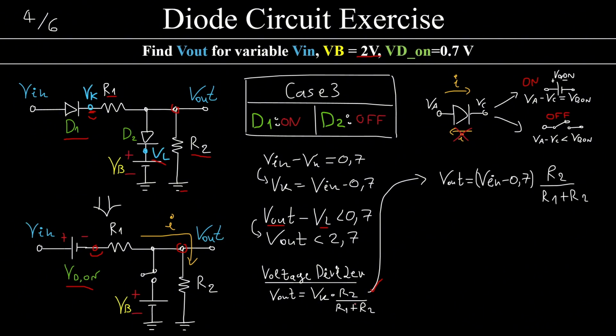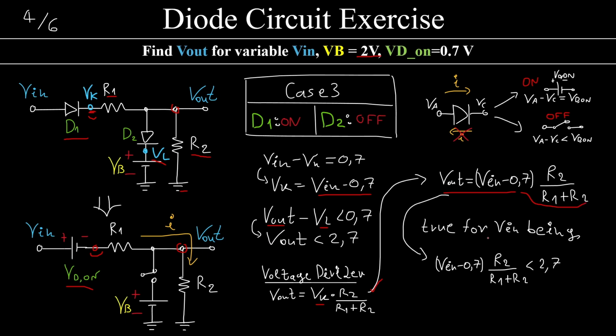That would mean that if I replace Vk with Vin minus 0.7, I'm going to have that Vout is (Vin minus 0.7) times R2 over R1 plus R2. This would hold true when Vout is less than 2.7.